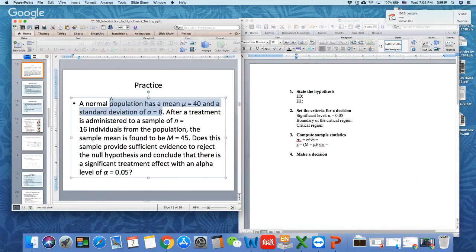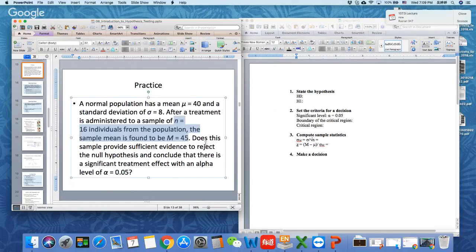This is the population before treatment. And after the treatment, we randomly sample a group of 16 individuals from the population, and the sample mean is found to be M equals 45. So this is the statistics of the sample data, right?